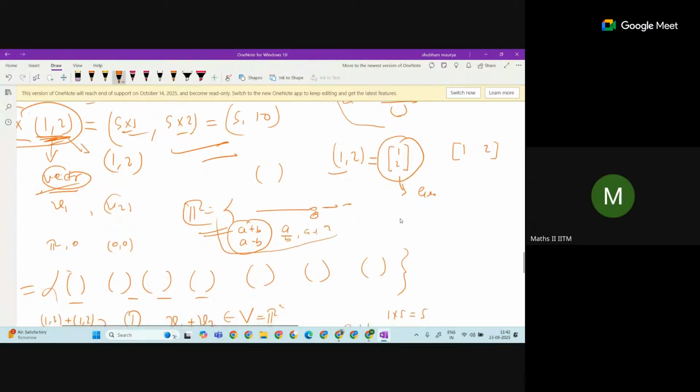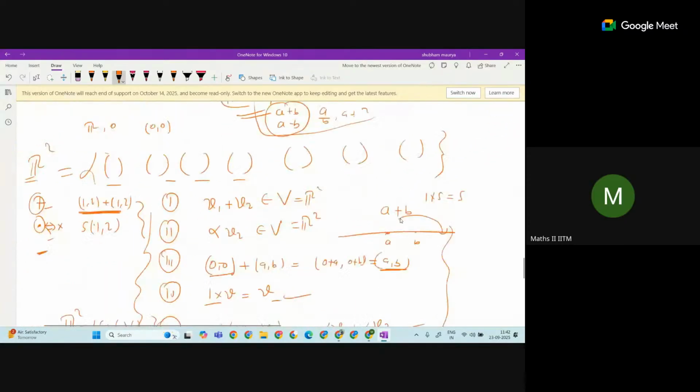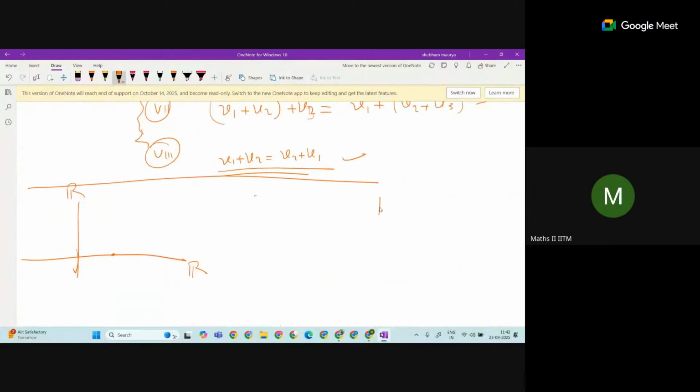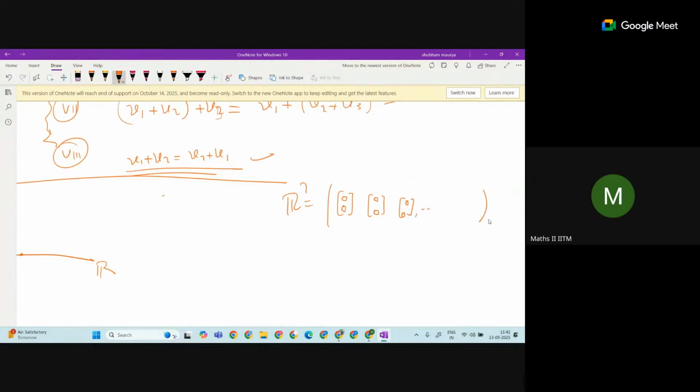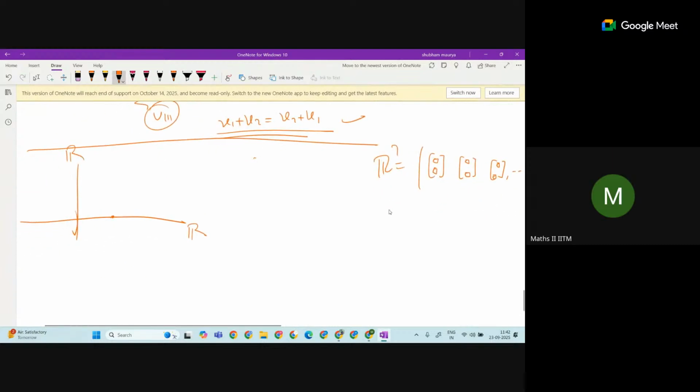So your R2 is nothing but a collection of these vectors. Let me make boxes: you can fill these boxes with any real numbers. Now I am representing this vector 1 2.